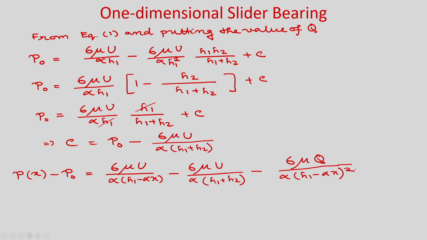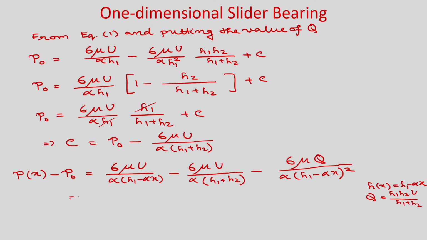So, now if you put the value of q, and this h1 minus alpha x in a way we can write as h, okay, and the q value we know it is h1 h2 u divided by h1 plus h2. So, you put all these values here.